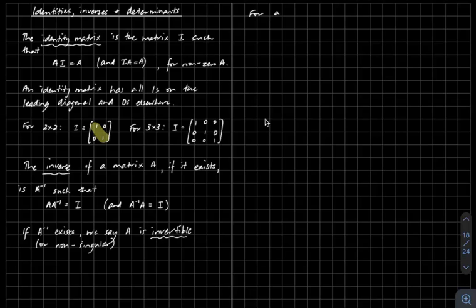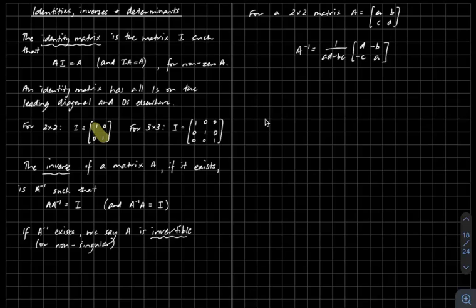So let's just consider for a moment specifically a 2 by 2 matrix, and we'll use the general notation for a 2 by 2 matrix, with elements A, B, C, and D. A inverse is going to be calculated in this way: D, A, negative B, negative C.